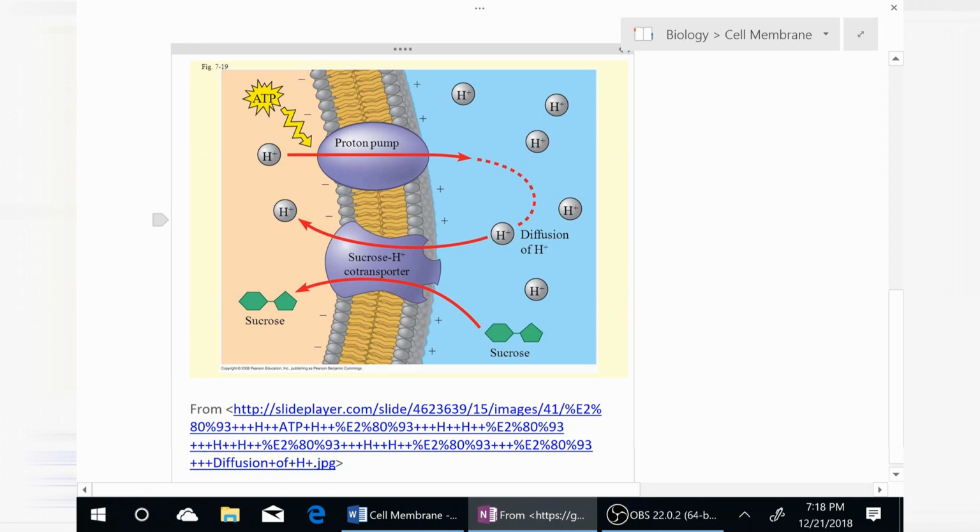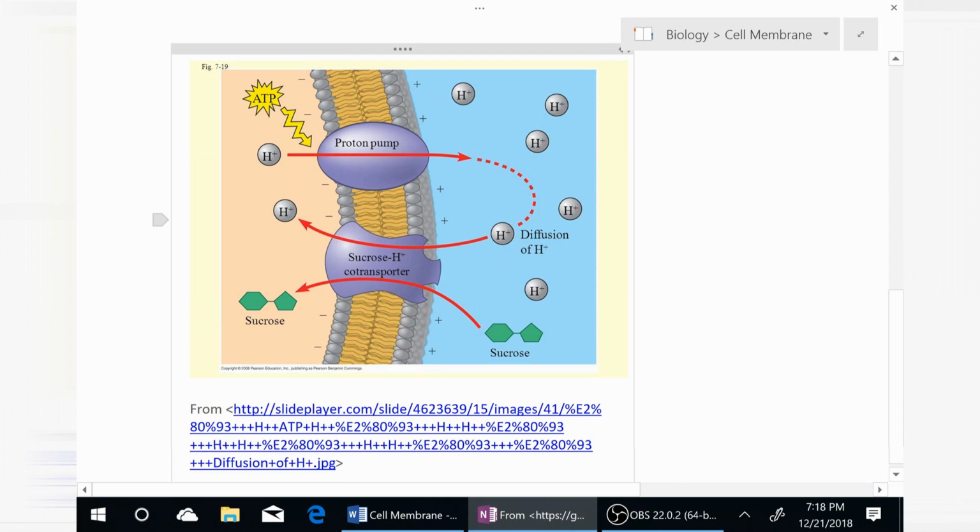As these diffuse back in, energy is being given off. Why? Because of the law of conservation of energy, which states that energy cannot be created nor destroyed. Since the hydrogen ion is going from a high energy level down to a lower energy level, that energy has to be given off somewhere.